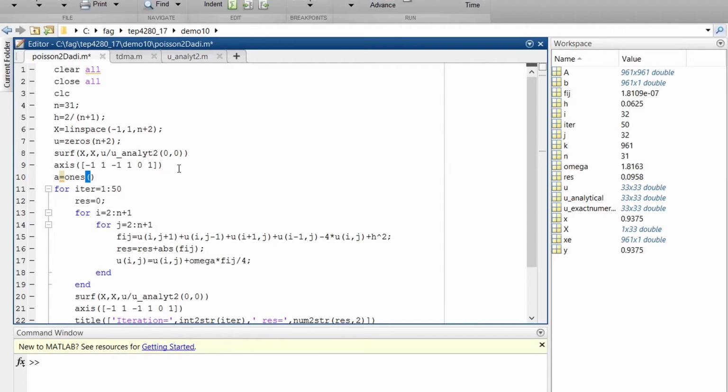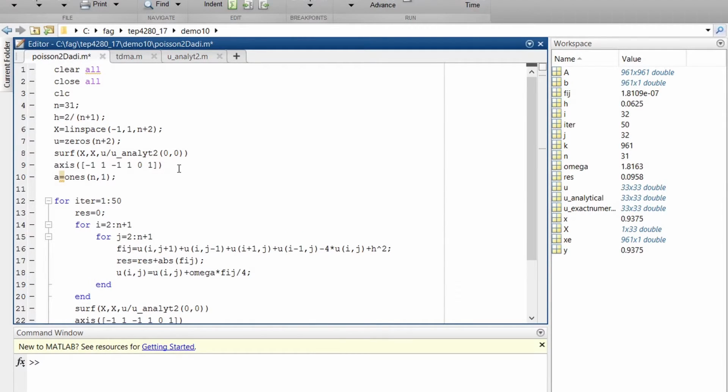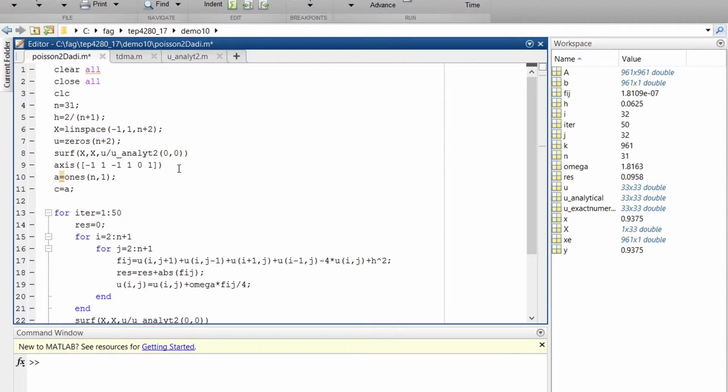So A was ones, and I then had n unknowns. And C, that was the same as A. That was the 2 diagonals next to the main diagonal. And then we had B, that was the same as A multiplied with minus 2.